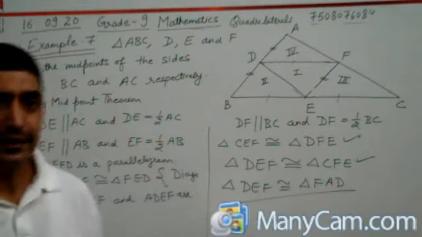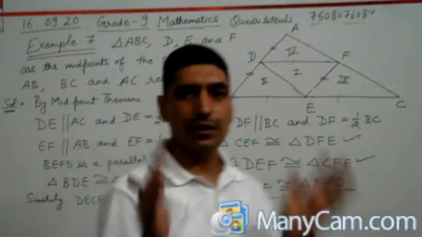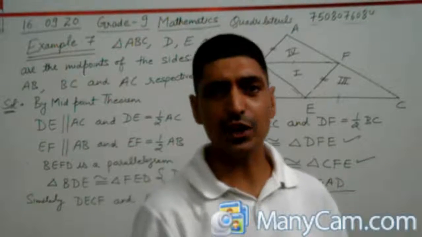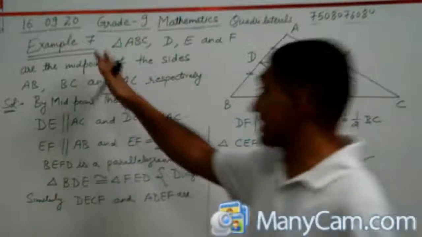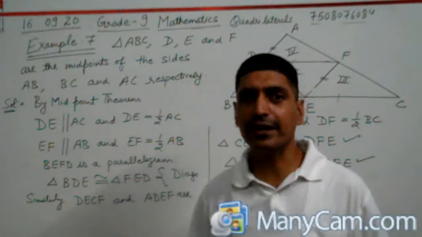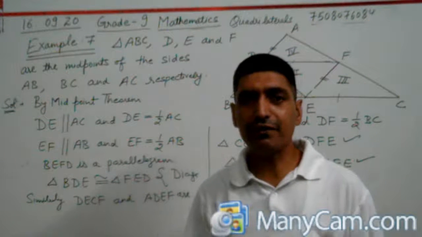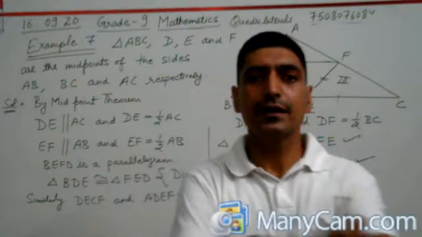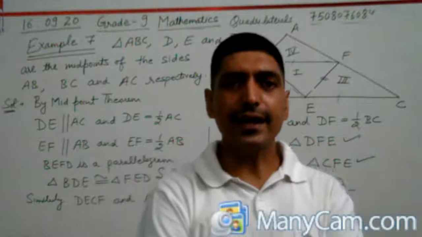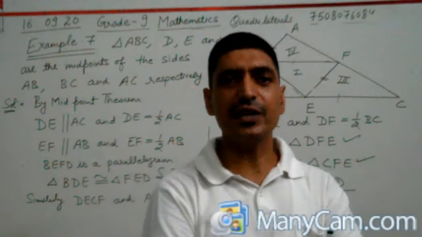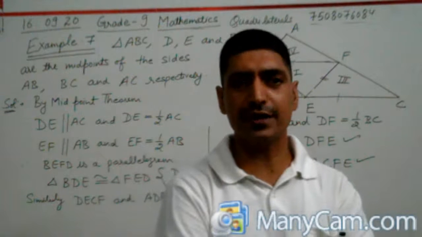Today we have discussed the midpoint theorem and its converse and the question, example number 7. They are very, very important. We are left with one example, example number 8, and the last exercise, exercise 8.2. Only 7 questions are there.